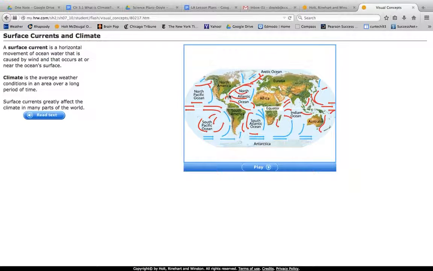So this is a Gulf current. It's warm water that flows north. And then there are these cold water currents that come down from the poles and bring cold water going down. So these are just some of the common surface currents, and they really affect the weather. And look at all that water that's going to affect the weather of the whole Earth.